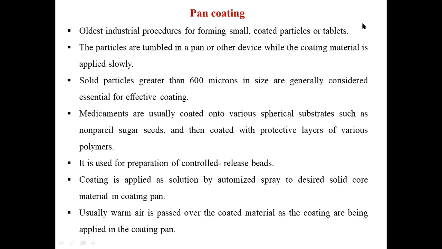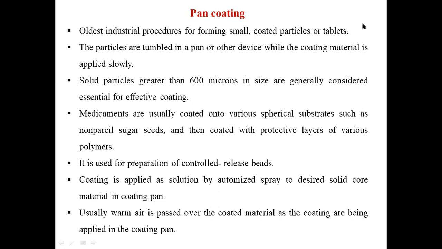This pan coating system is one of the oldest industrial procedures for forming small coated particles or tablets. As we have studied, a conventional pan system consists of one circular metal pan which is mounted angularly on a stand, having a specific diameter, and is rotated on its horizontal axis by a motor.